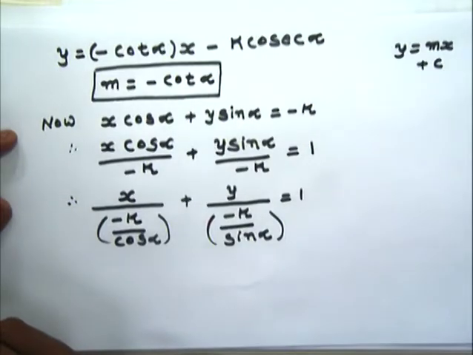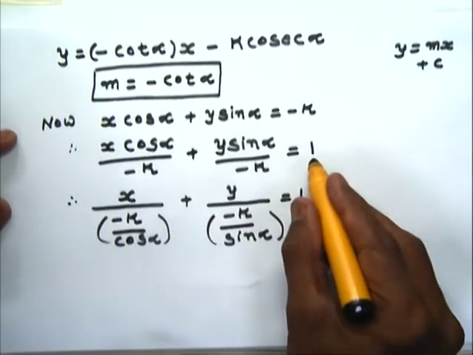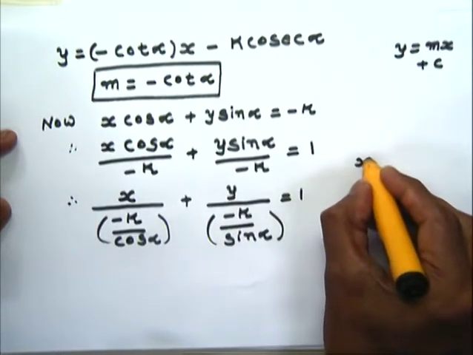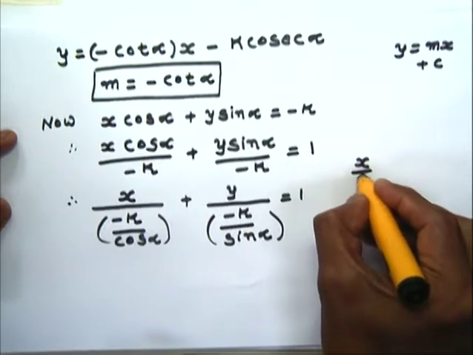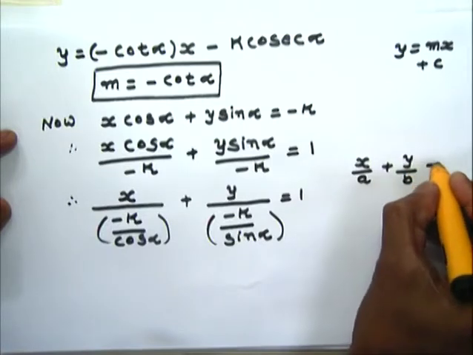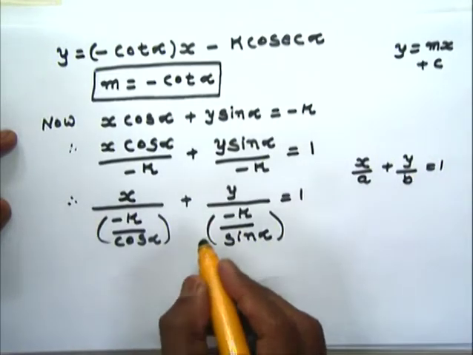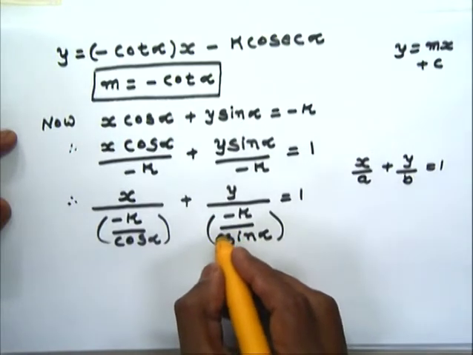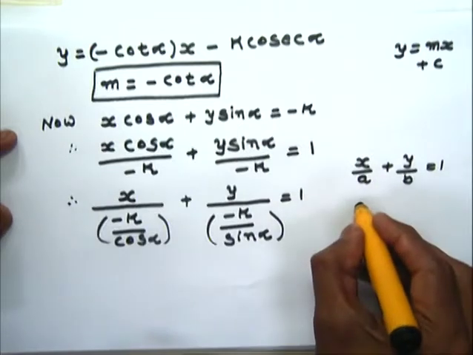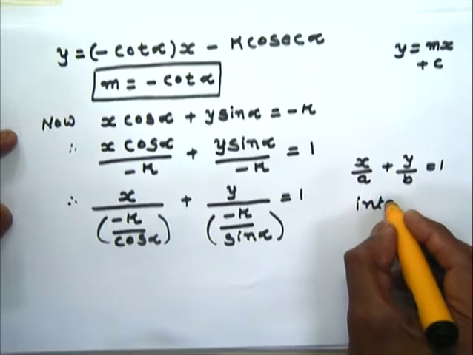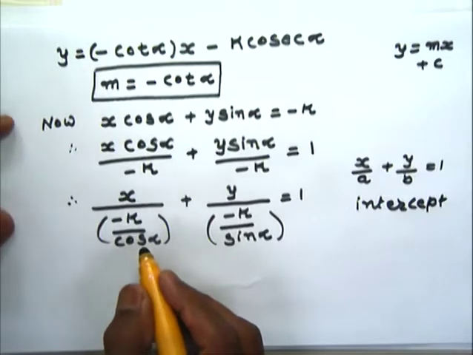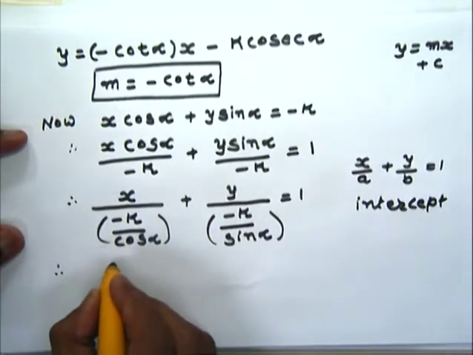Now we are carrying out this simplification because I know the equation of the line having intercepts a and b on the axis is this one. So we will simplify and compare with the standard equation, which is the intercept form of the line, and we will conclude the values of a and b as under.